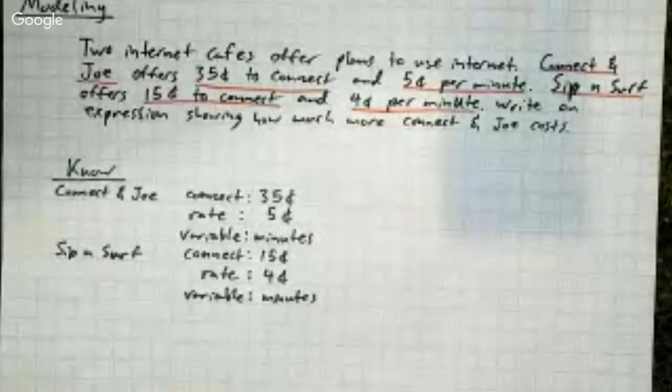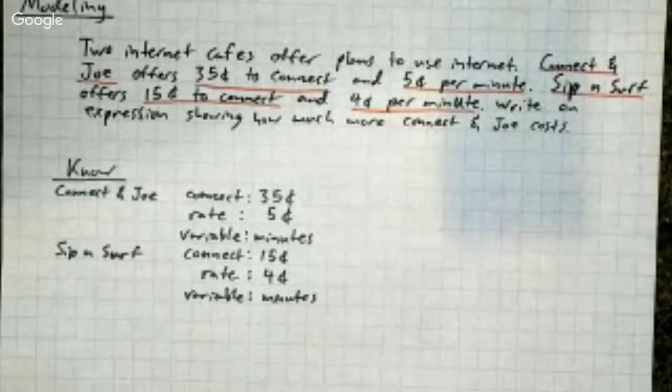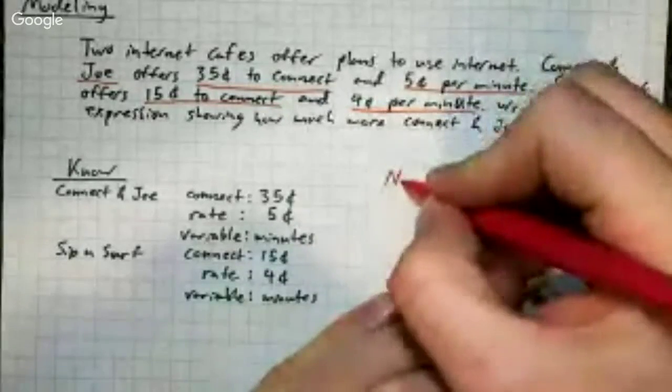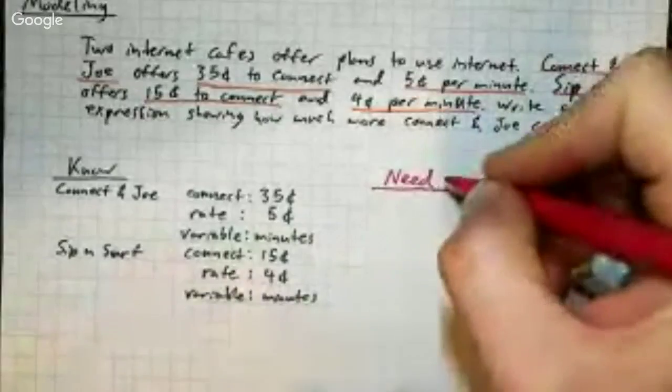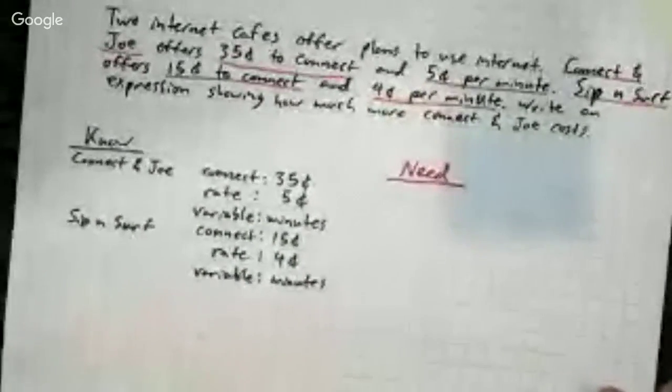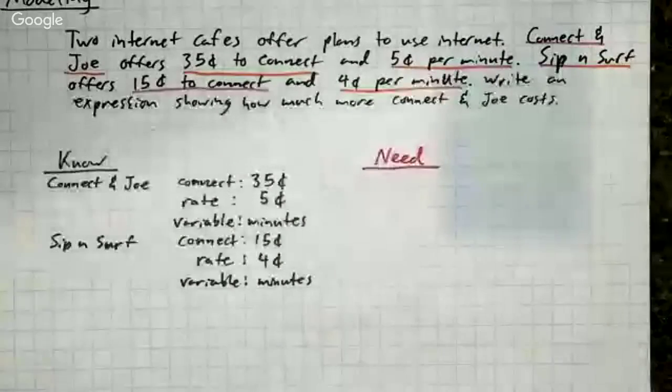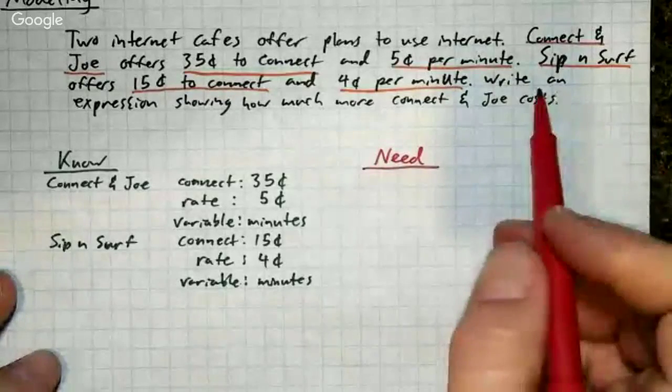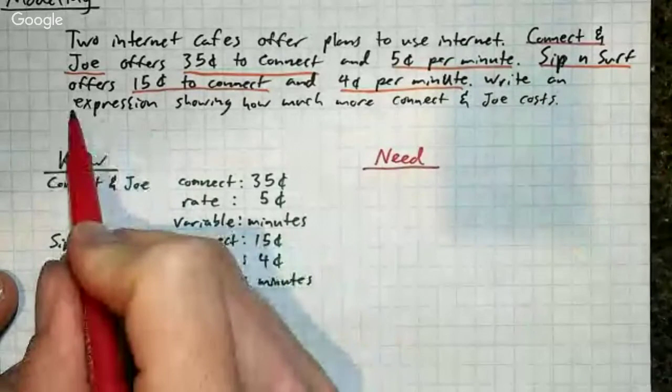Once we have what we know, we can start to think about what we need. So these are the facts we know. What is it now that we need? Well, we need exactly what it says right here. We need how much more Connect and Joe costs.